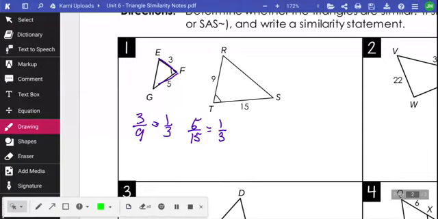And since those are equal and the angle in between them is equal, then I can say by side, angle, side similarity, the triangles are similar. And then I have to also do a similarity statement. So you have to have angle-angle, or side-side-side, or side-angle-side as part of your answer because it tells you in the instructions to say why.